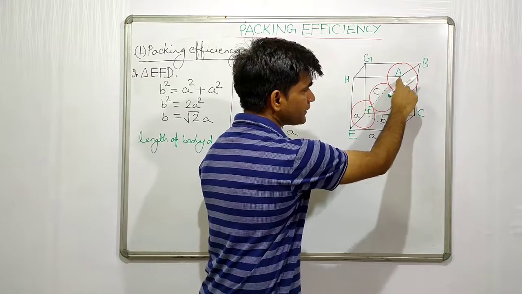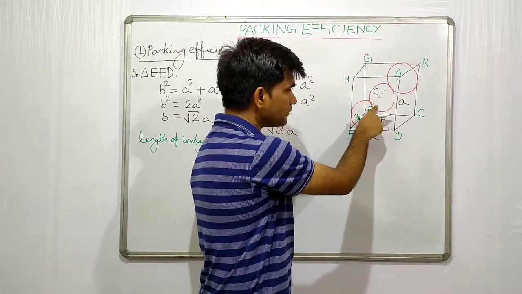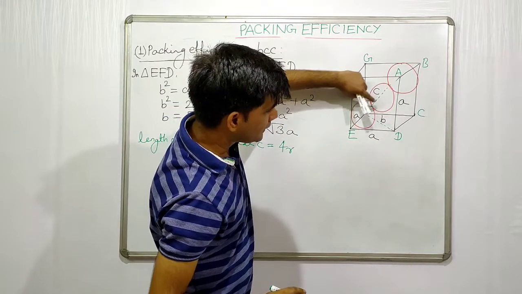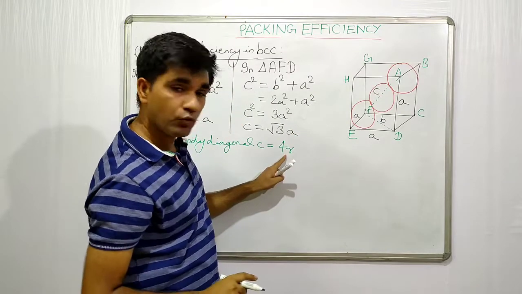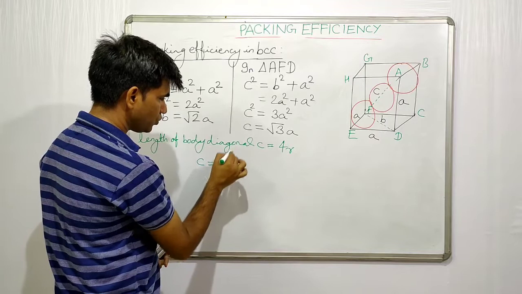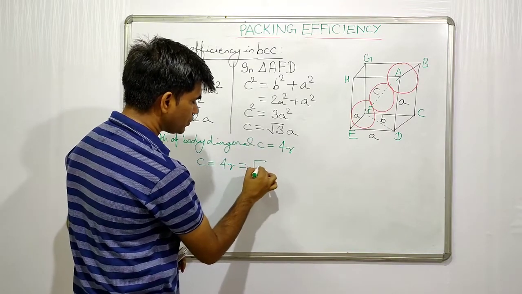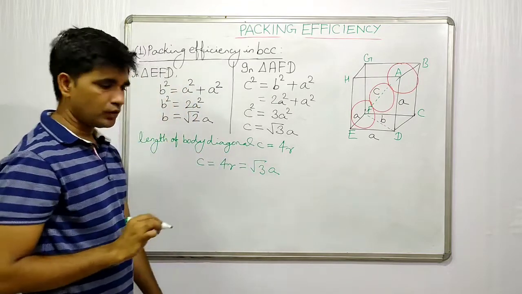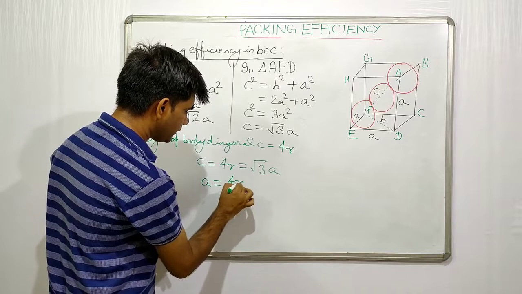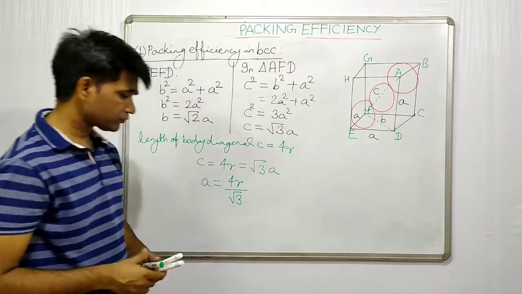Suppose radius of this atom is equal to R, this is 2R, here it is R. So the length would be equal to 4R. So we can say here C is equal to 4R, which is equal to root 3 A. So we can say here A is equal to 4R by root 3.